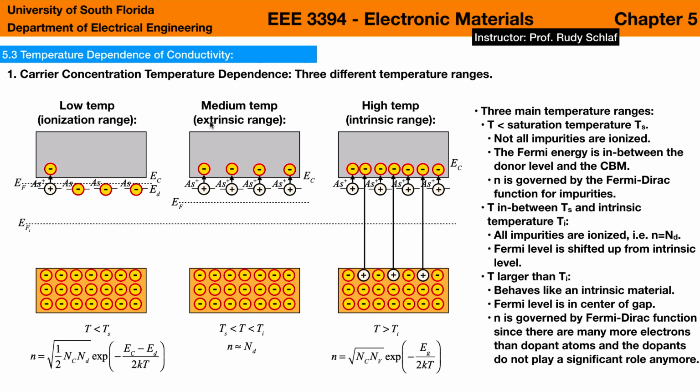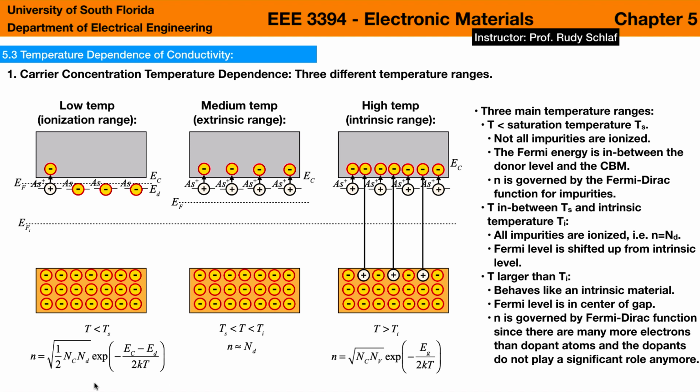In the extrinsic range, the Fermi energy is somewhere in between the intrinsic Fermi energy and the conduction band minimum EC. And in the low temperature range, the Fermi level is actually in between the donor energy level ED and the bottom of the conduction band EC.